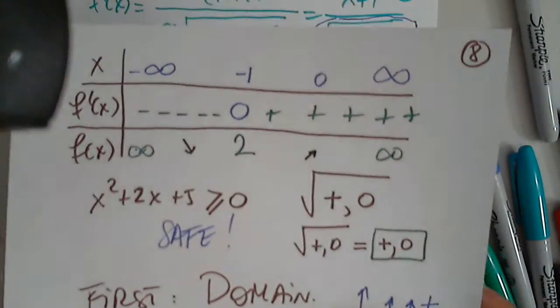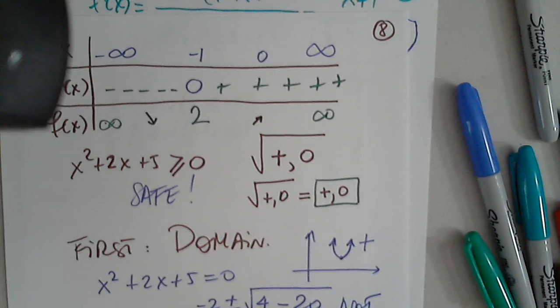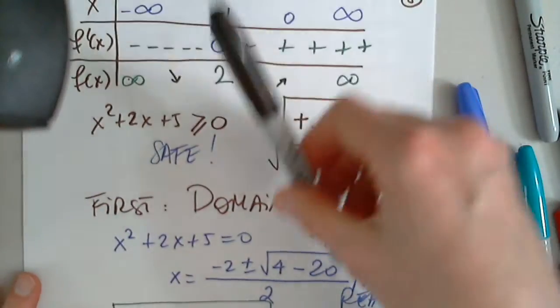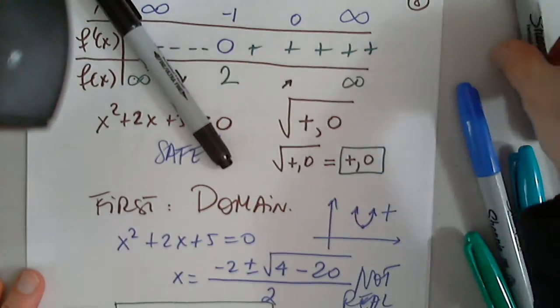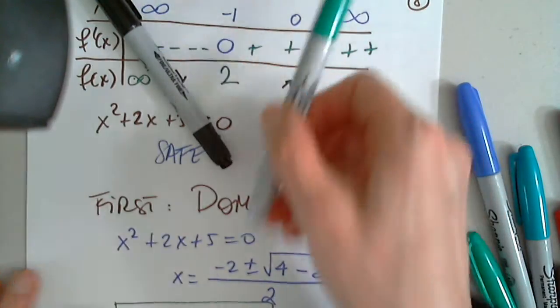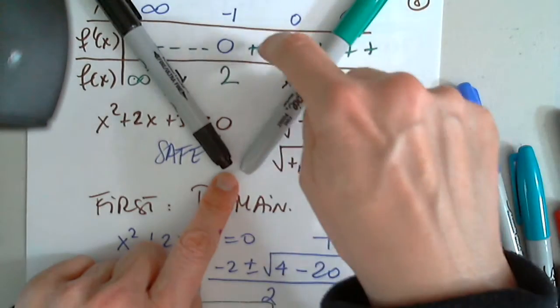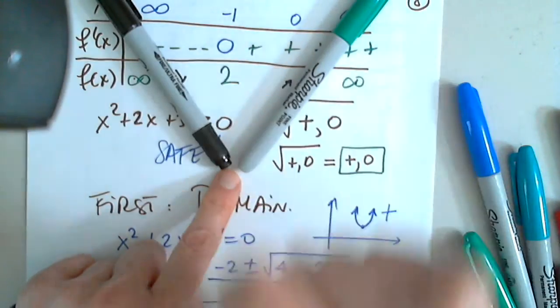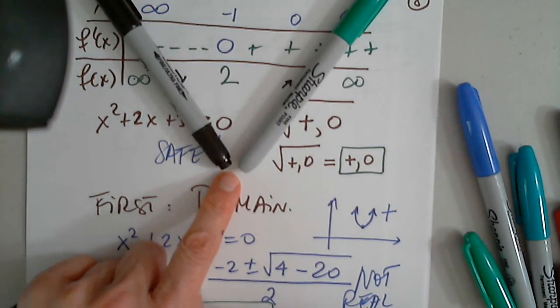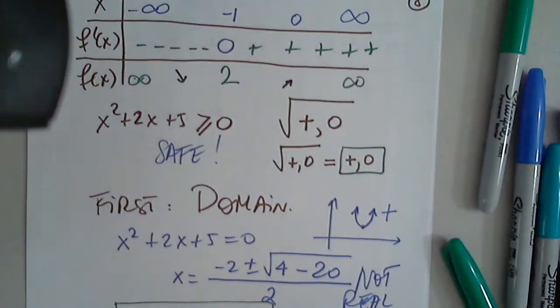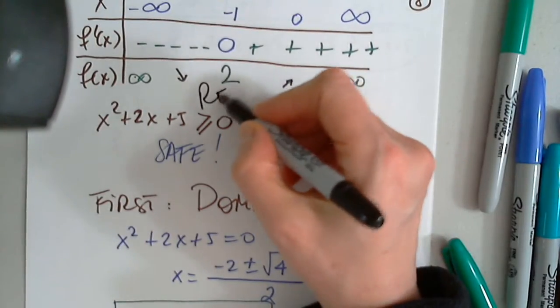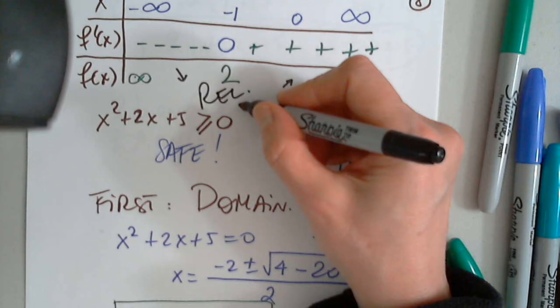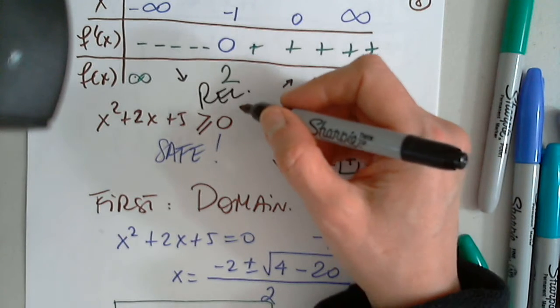Now let's analyze this point. Look at the derivative. Negative here, 0 at this point, and then positive. What type of point is -1, 2? I couldn't hear you.